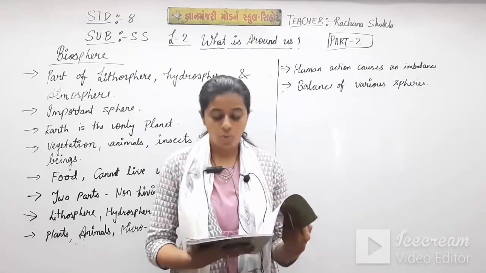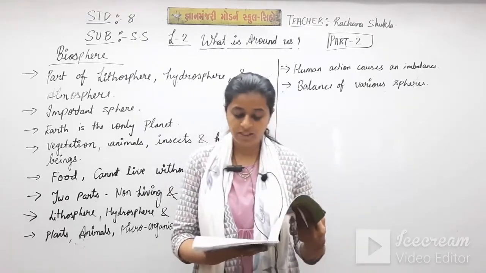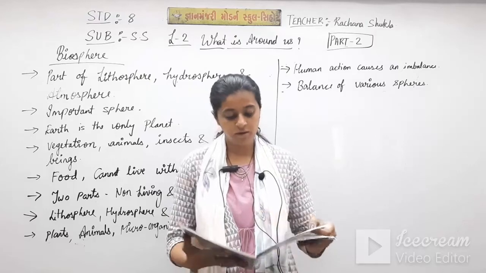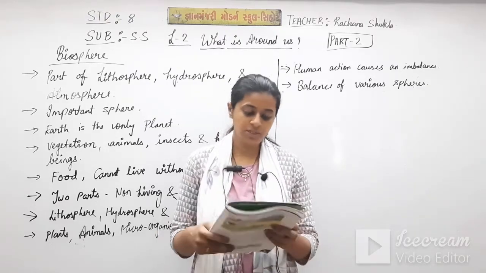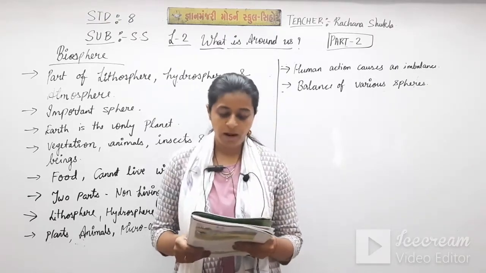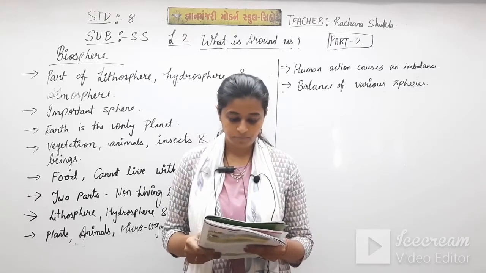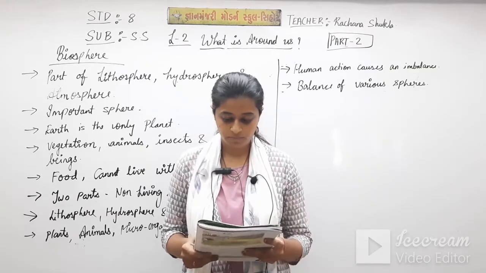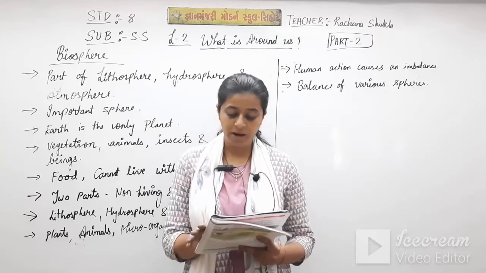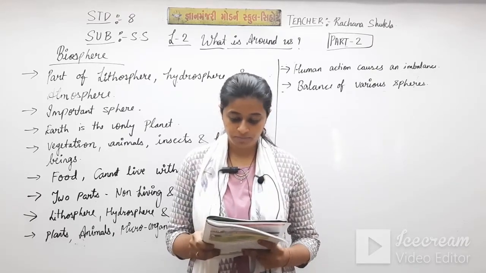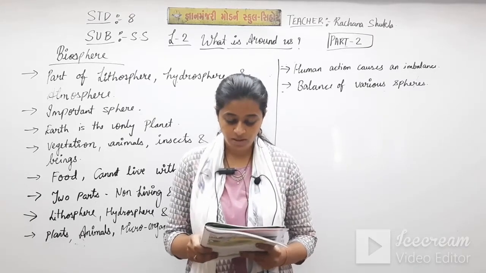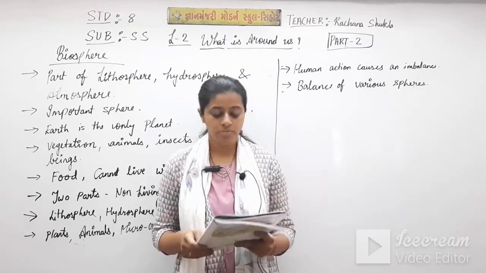The question is, what helps the spreading of sun rays on our earth? Next question, what is biosphere? Next, what does biosphere include? Next question, name the two parts of biosphere.